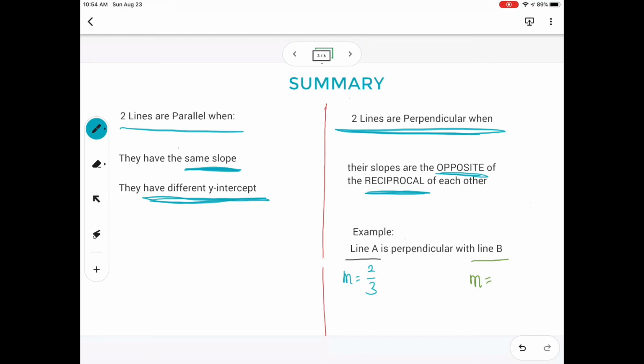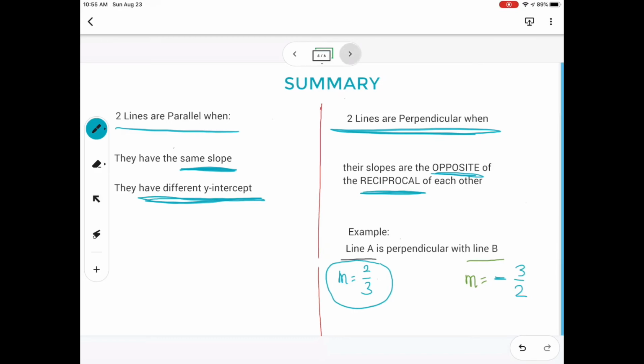Example: line A is perpendicular to line B. If the slope of line A is 2/3, then the slope of line B will be the opposite, so negative, and then the reciprocal, so you flip it: -3/2. That's how. Okay? Let's apply this on problems.